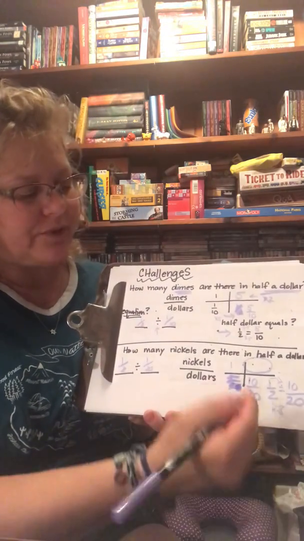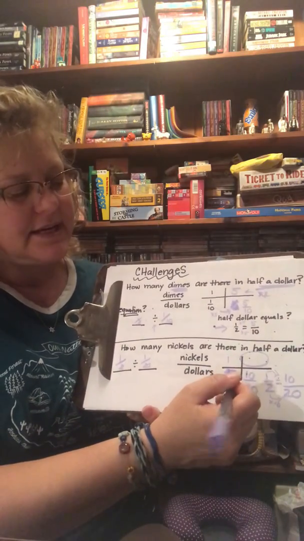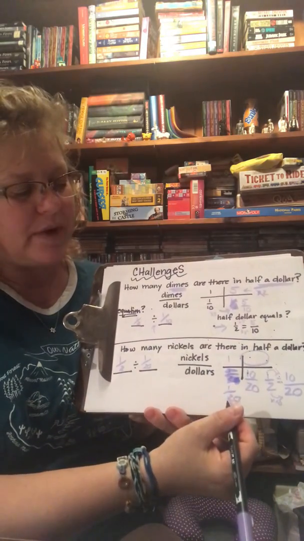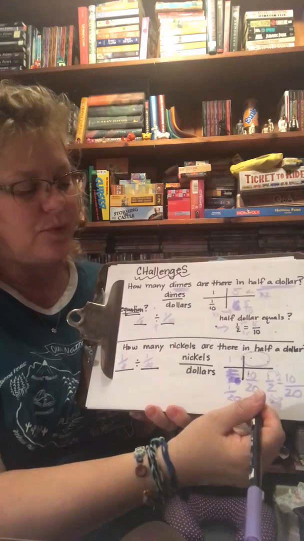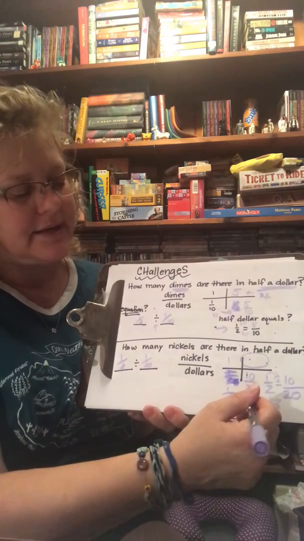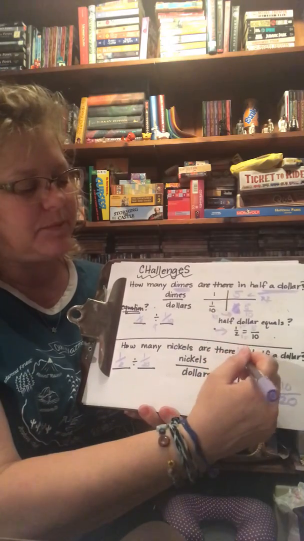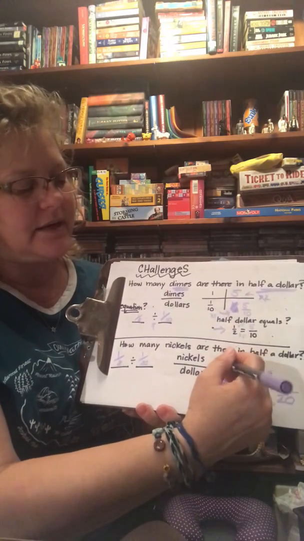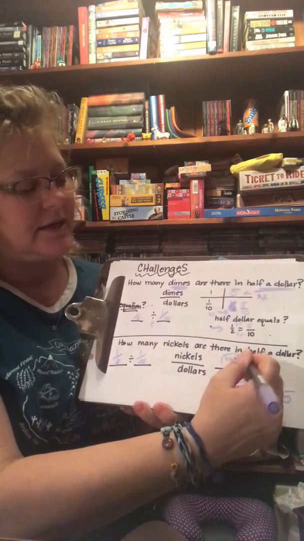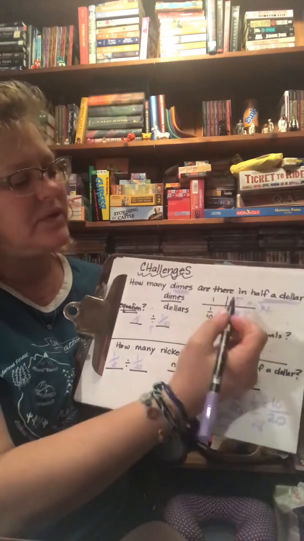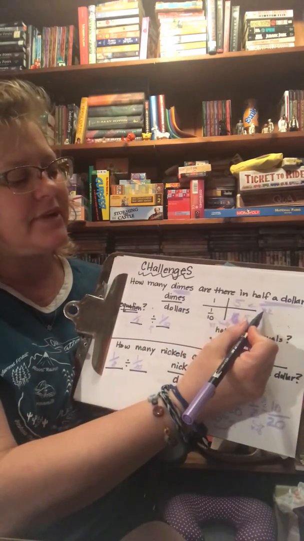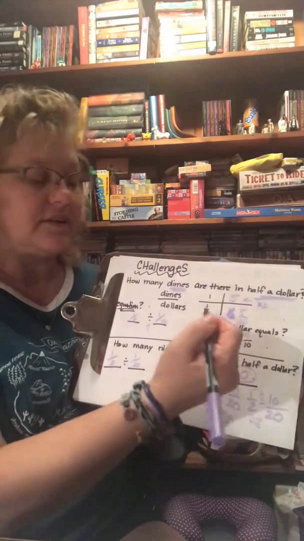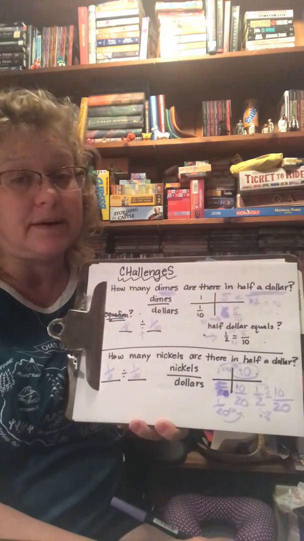And in order to take 1/20th and turn it into 10/20ths, I multiplied it by 10. So that means I need to multiply the top by 10. 1 times 10 is 10. What did I get up here? 5 times 2, 2 nickels in 1 dime, I would have had the answer up there.